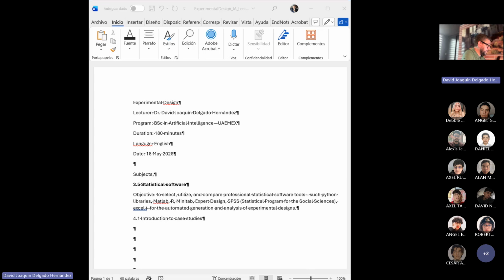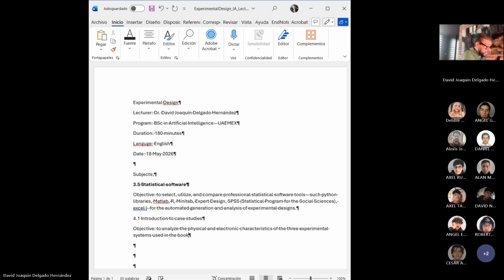And here the objective is to analyze, in this case, the physical and electronic characteristics of the three experimental systems, based on Dr. Sala's book. I am going to change this to use it in the lecture.